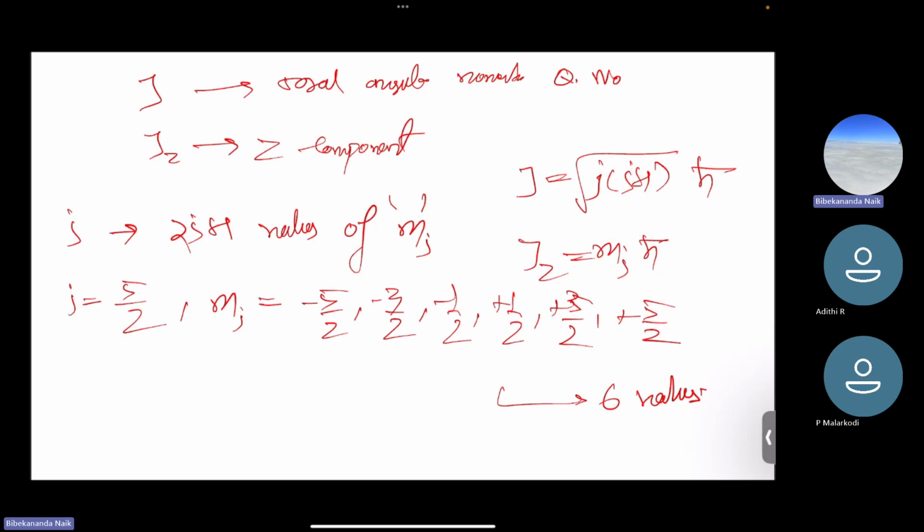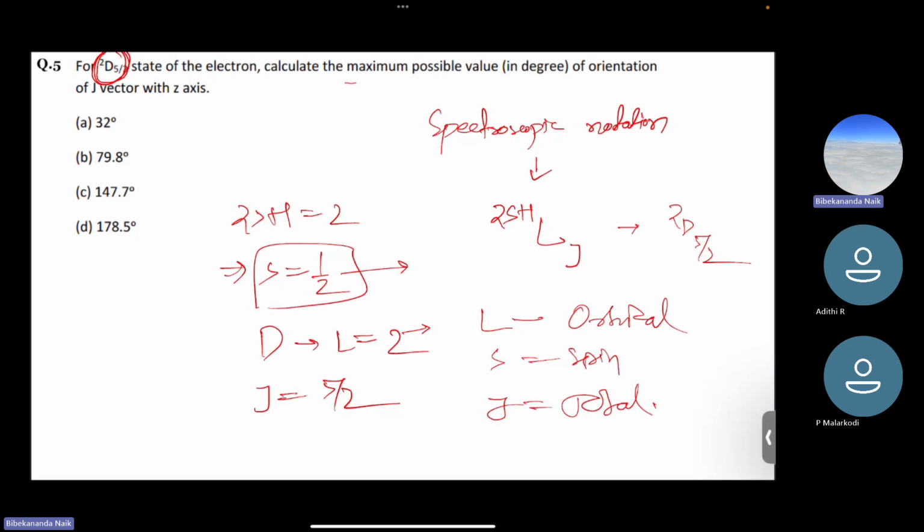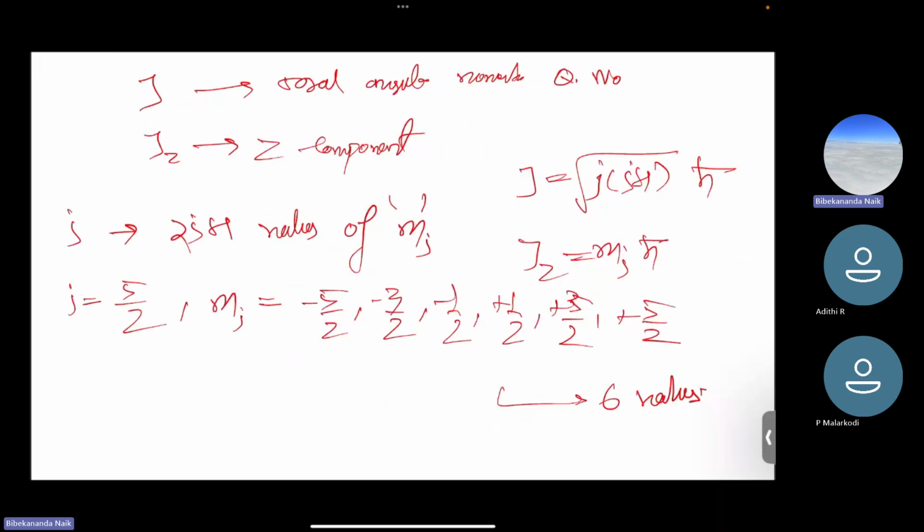However, we need to find out what will be the maximum orientation, because the question says what will be the maximum possible value of the orientation corresponding to J vector with Z axis. So the maximum orientation means the angle between Z vector and JZ vector.